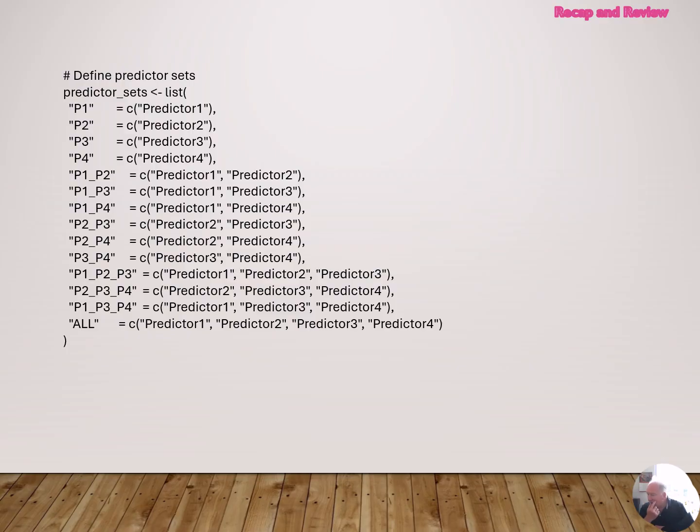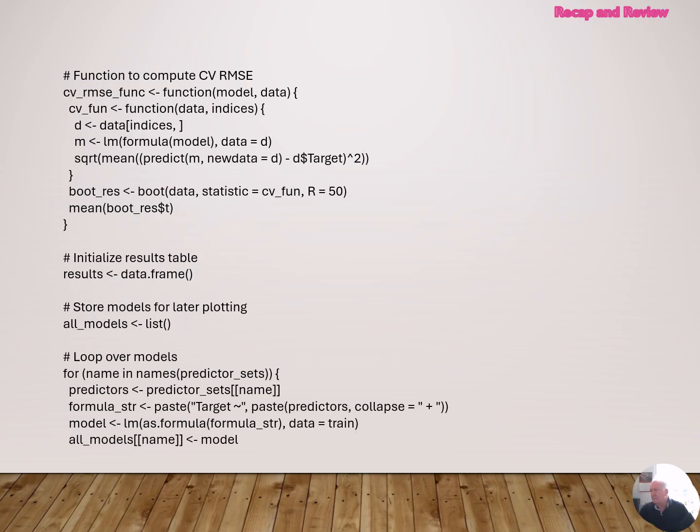Then I went ahead and set up our predictor sets. So P1 through P4 by themselves, and then in pairs, and then in triplets, and then all 4 of them. So in this case, went ahead and computed CVRMS.